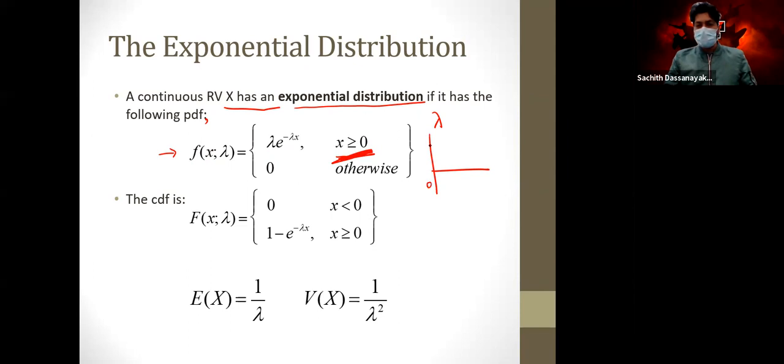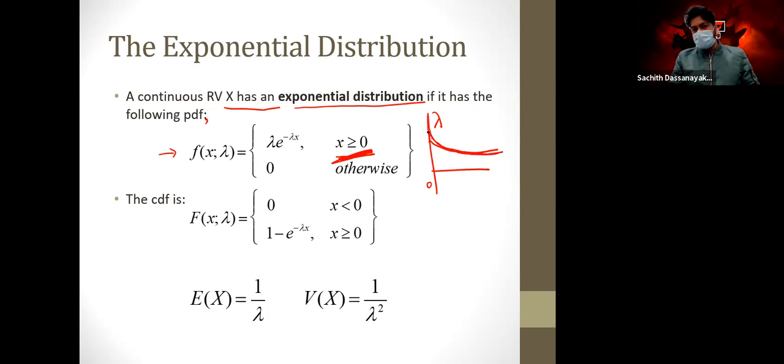Starting from 0, it looks something like this. We call this exponential decay, because the exponential distribution always goes down like this.